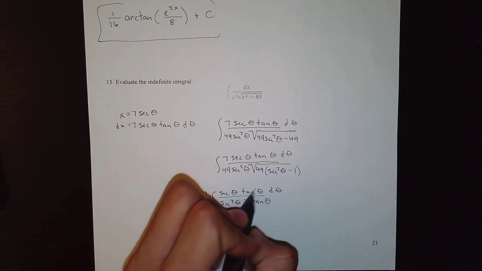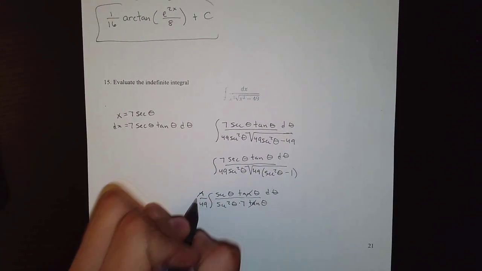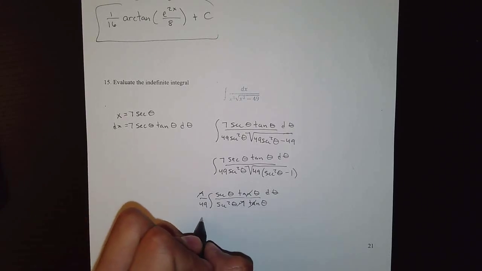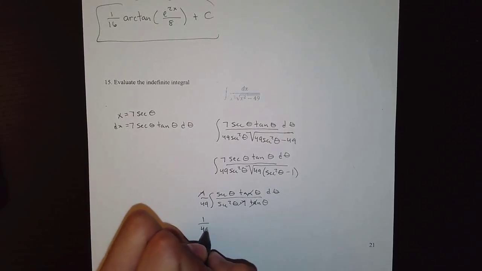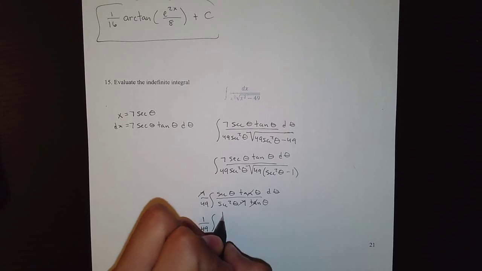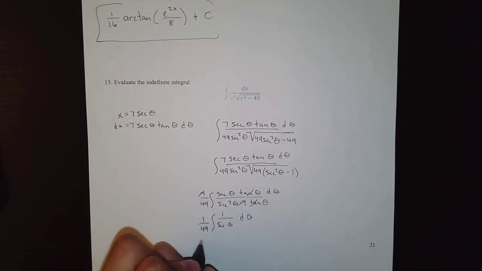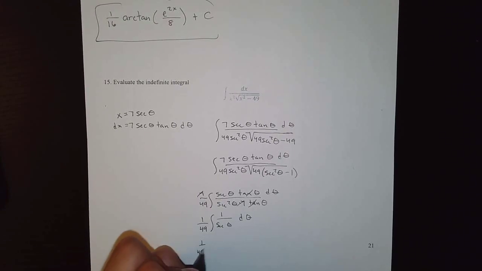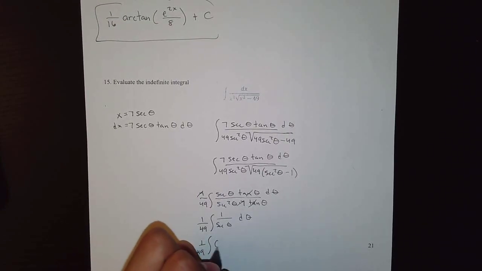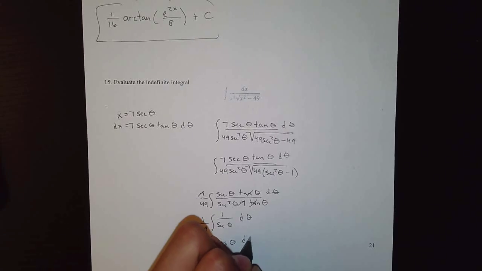Well, now observe that these cancel. The 7s would actually cancel, and now we're just left with 1 over 49 times the integral of 1 over secant theta d theta, which is just 1 over 49 times the integral of cosine theta d theta.